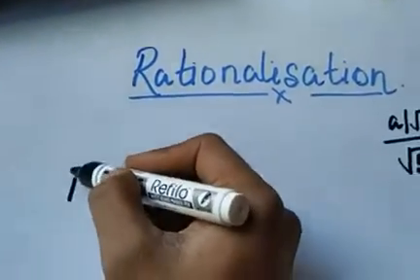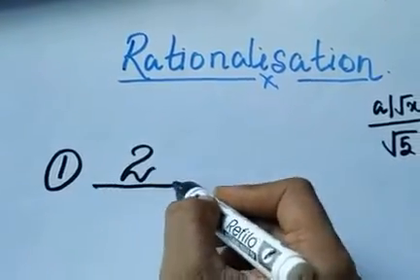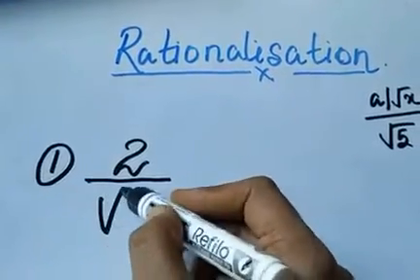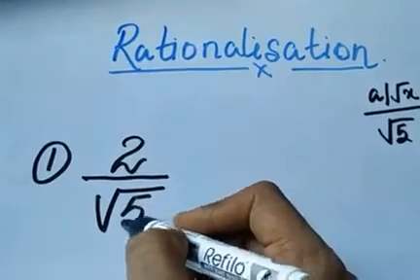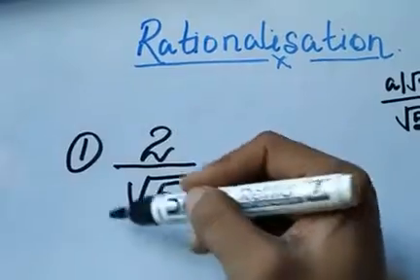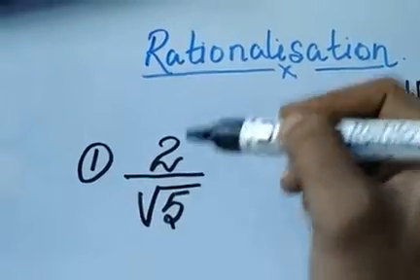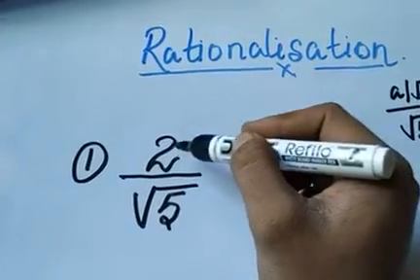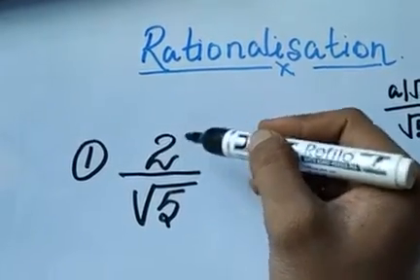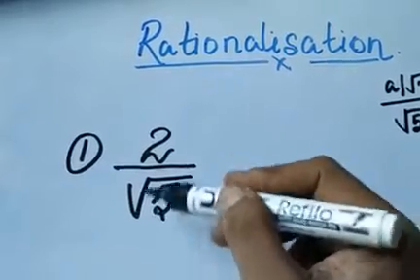Suppose we take one example. Suppose we have 2 divided by root 5. Now please understand one thing: this is irrational. Irrational means it is not possible for us to divide 2 by root 5, because we cannot have a factor of root 5.